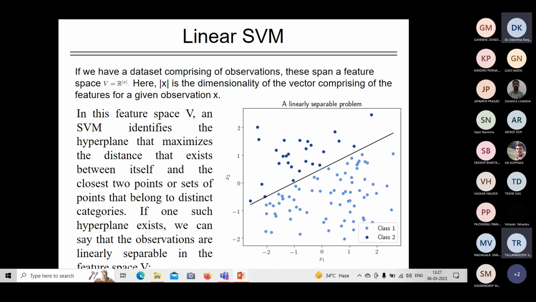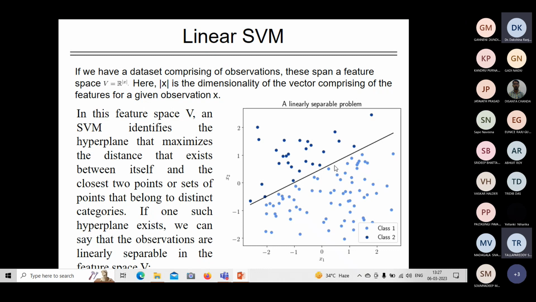If that hyperplane cannot be defined, then for those patterns we need the nonlinear optimal hyperplane. But in this case, here we have two different sets of data points.